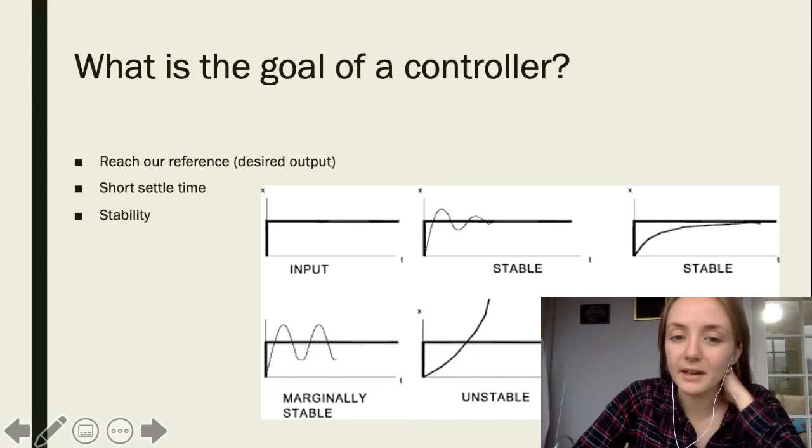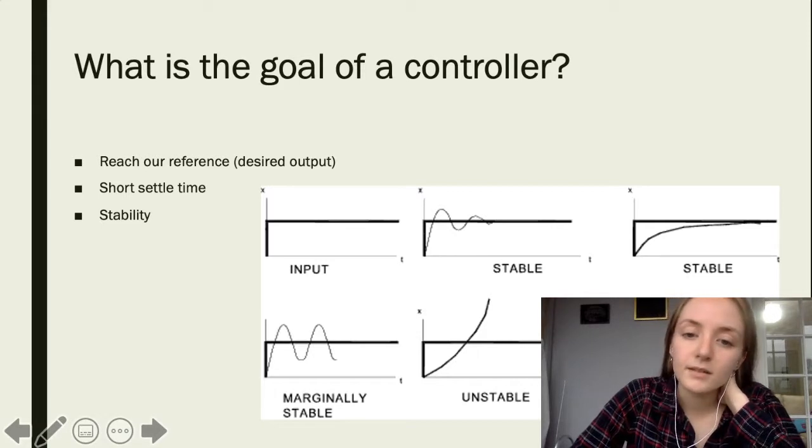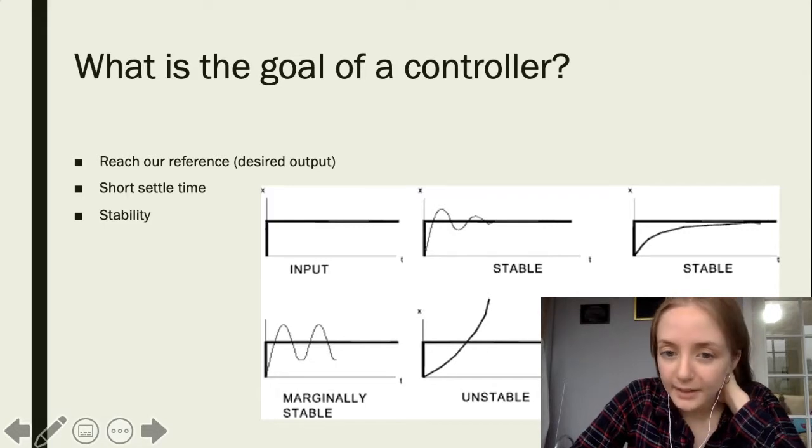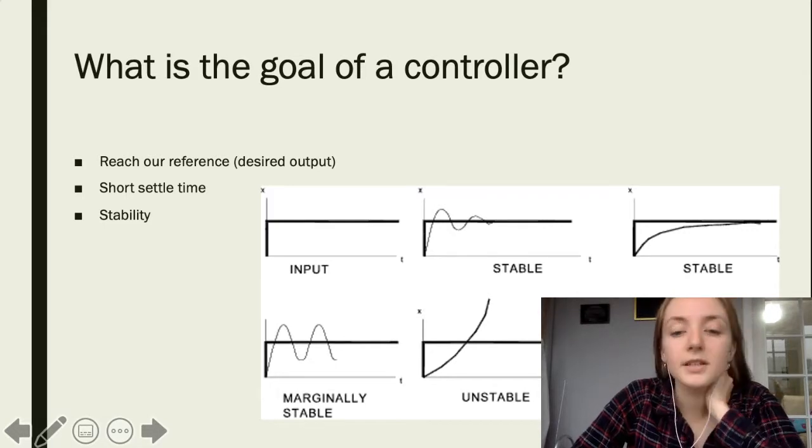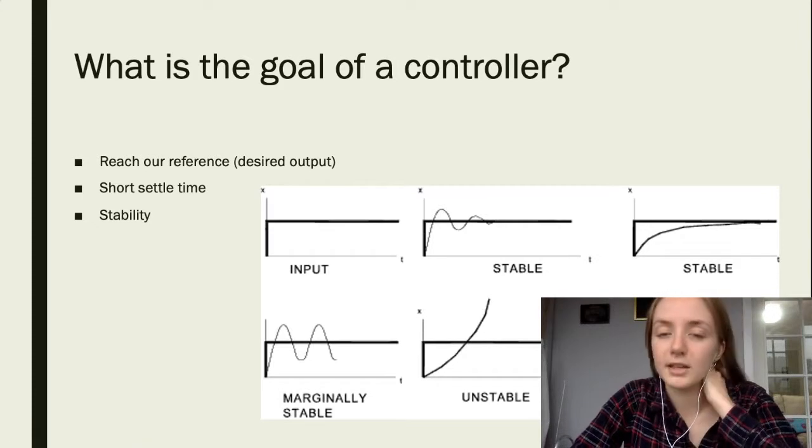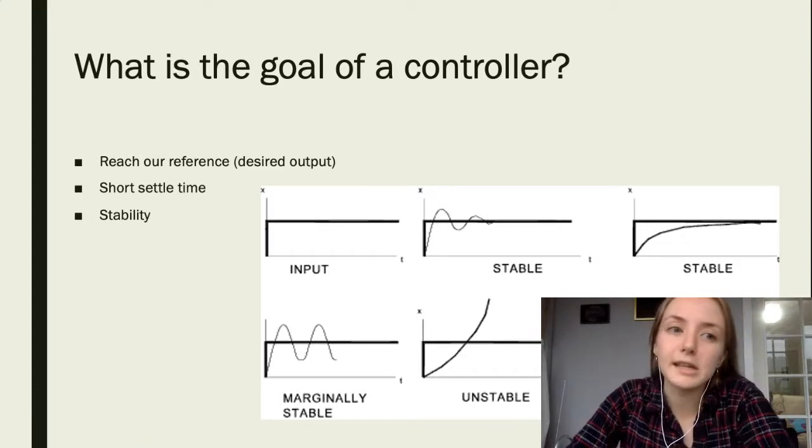And then on the top left, we have this kind of like a ln kind of graph, but settling onto our input. This is also stable because it eventually reaches what we're after, and it eventually reaches a steady value.